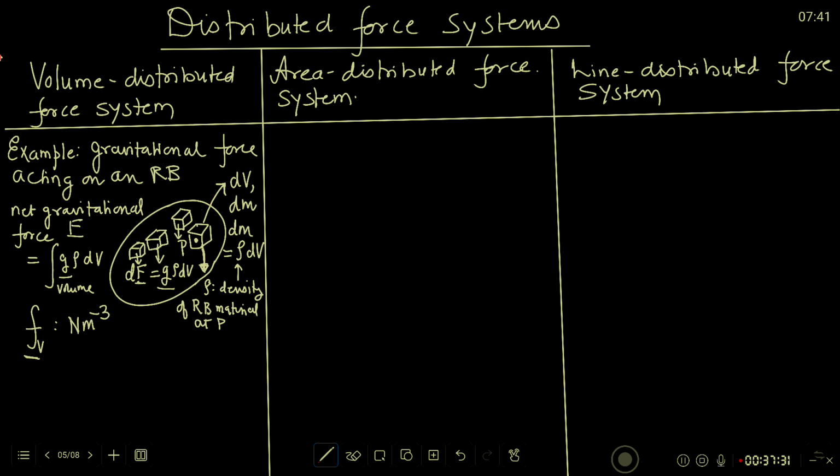Now in this case, if the force is gravitational, Fv will be equal to rho times g vector. Right? Newton per meter cube.